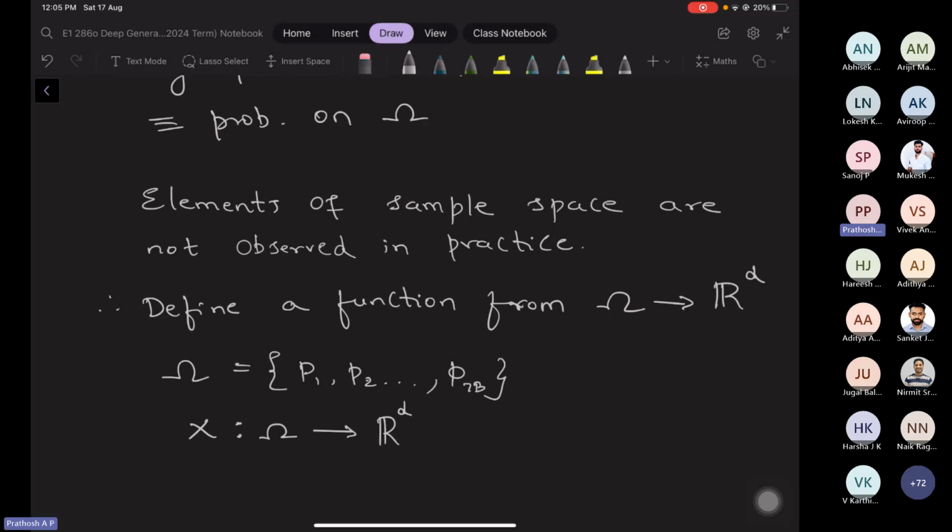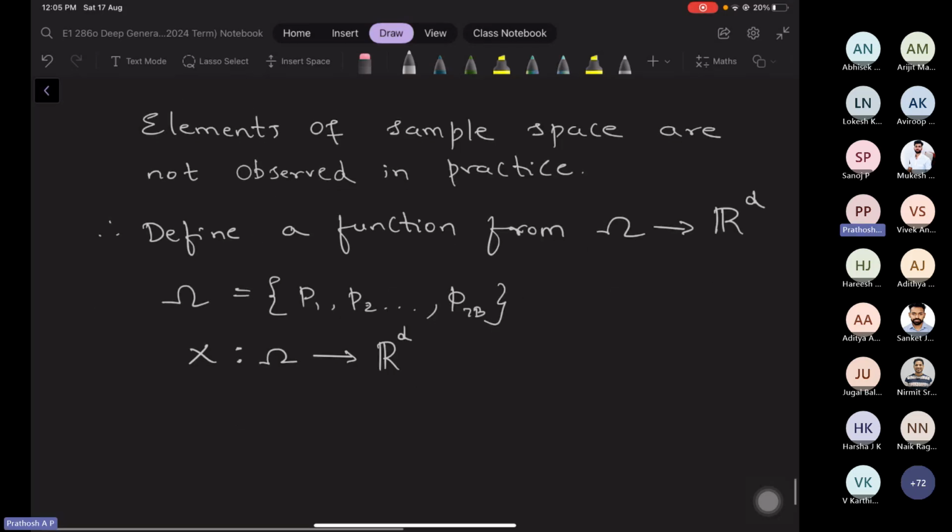Do you see what is happening? Take an element from the sample space and map it to real numbers. Do you understand?